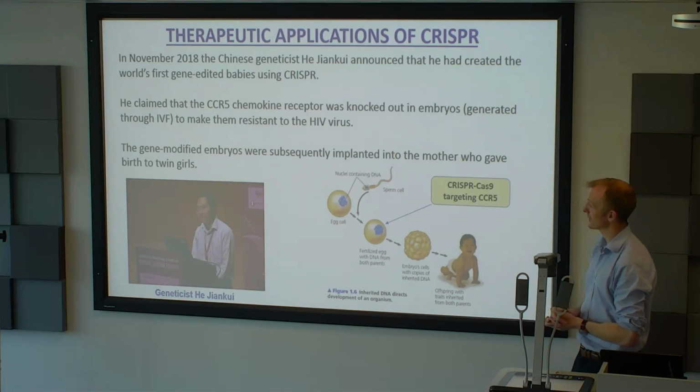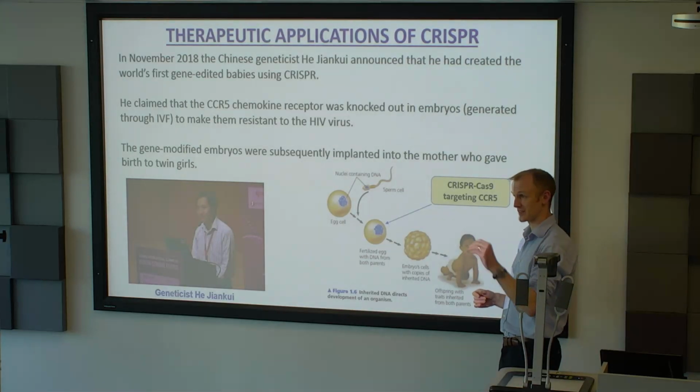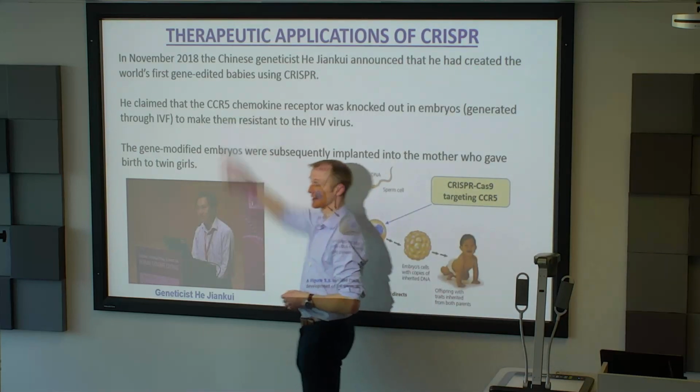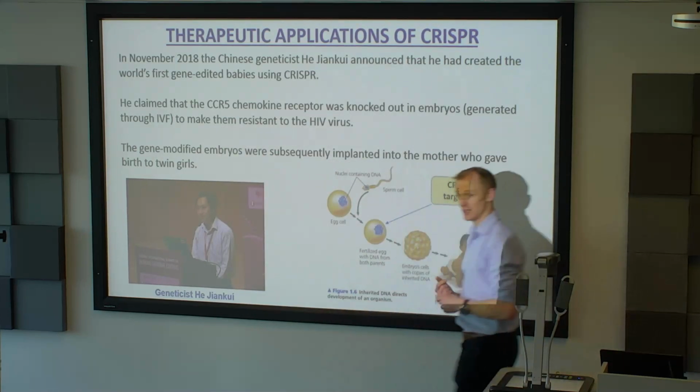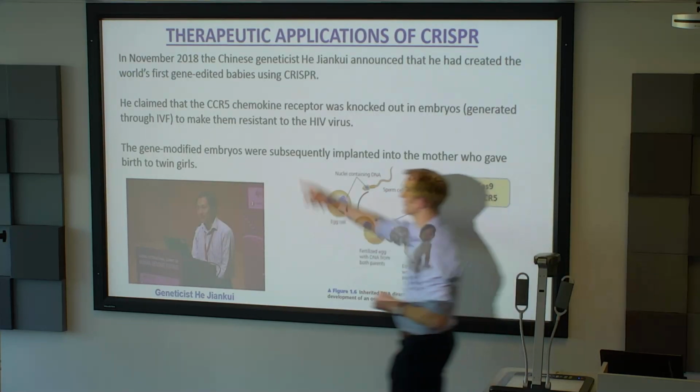So what he was trying to do, and what he claimed to do, was that one of the ways the HIV virus gets into cells is through CCR5, the chemokine receptor 5 on target cells. So he wanted to use CRISPR technology to knock out CCR5.